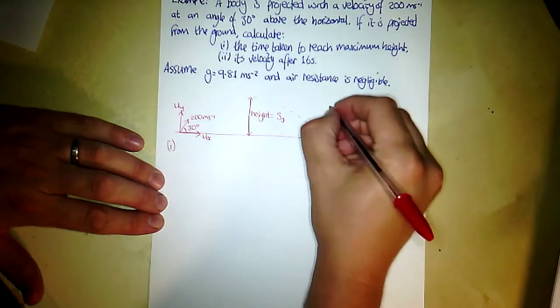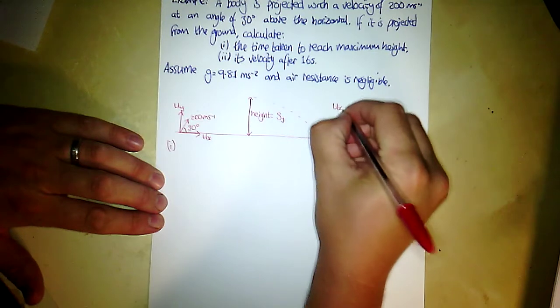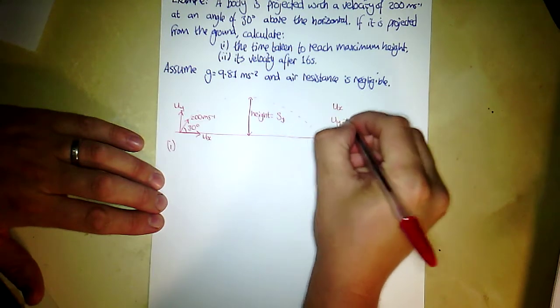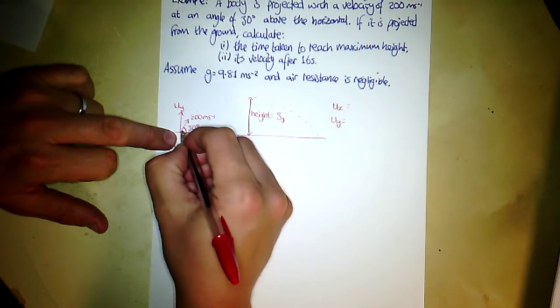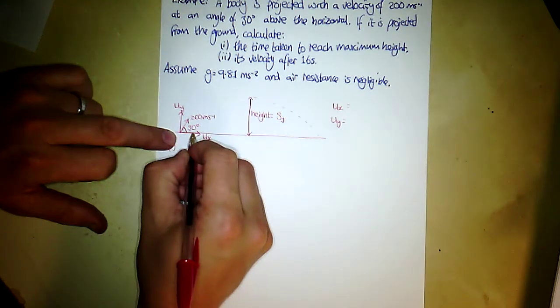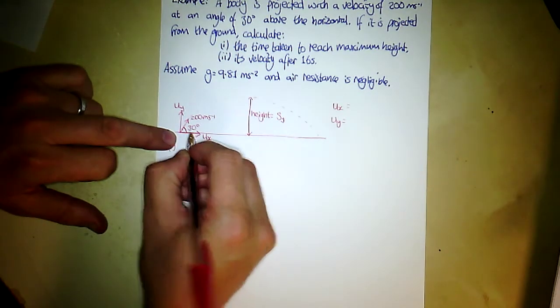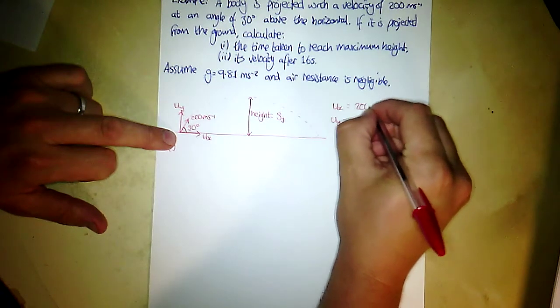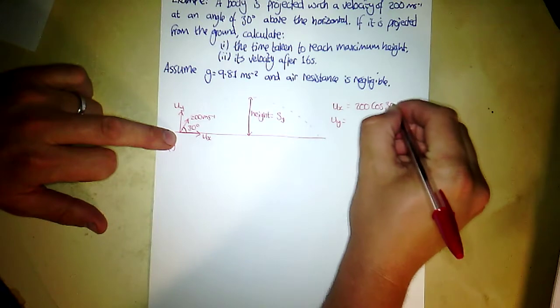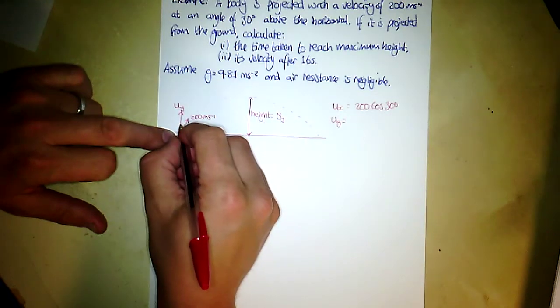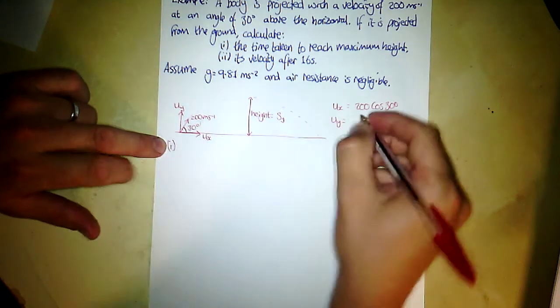Using components, we can say that ux and uy are going to be that one. We've got the hypotenuse, so that's the adjacent. So ux is 200 times the cos of 30 degrees. uy is going to be the sine, because that one is the opposite in the triangle.